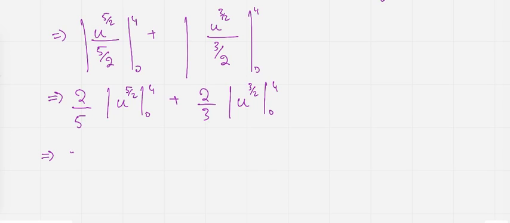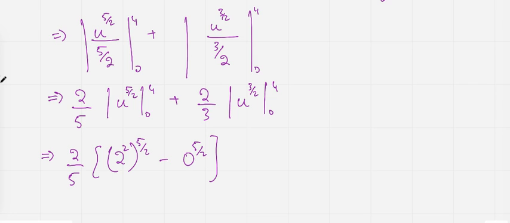So it's 2 by 5, and you see 4 is actually 2 square, so instead of writing 4, just write 2 square so that you can handle the powers easily. Okay, and 0 to any power is always 0. It's quite obvious.